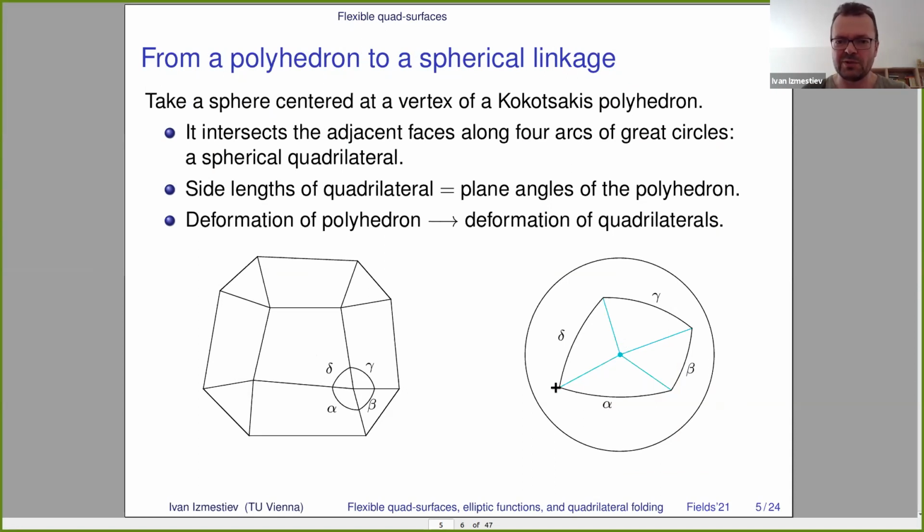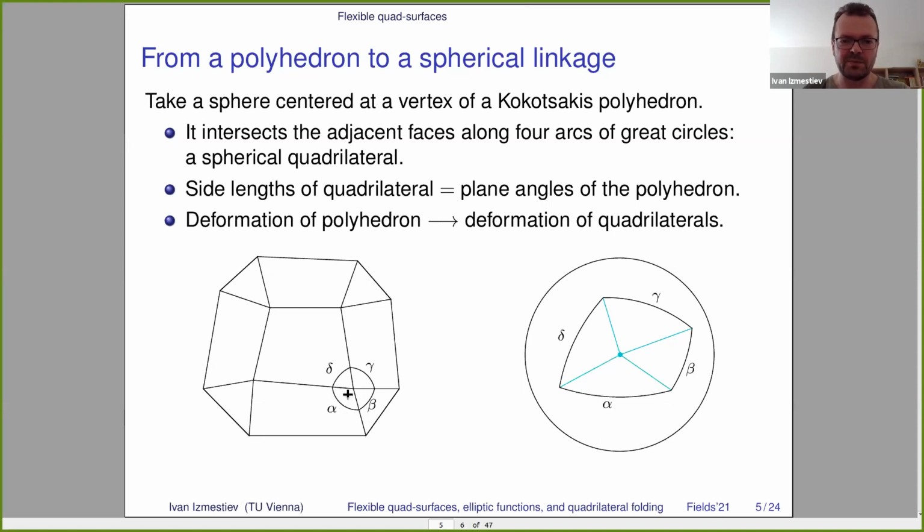Its sides are arcs of great circles, and the side lengths are equal to the angles of our polyhedron. And the angles of the spherical quadrilateral are equal to the dihedral angles of the polyhedron.